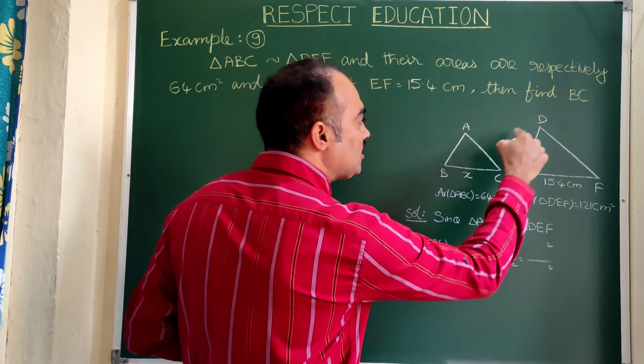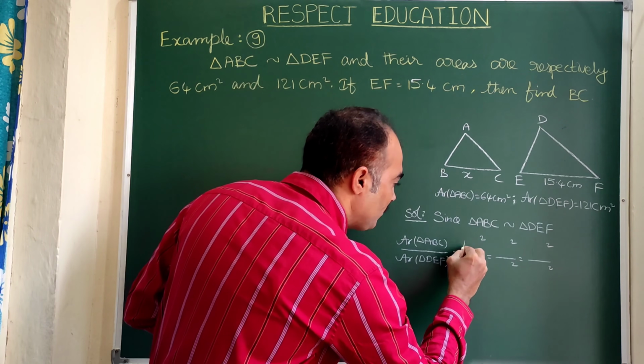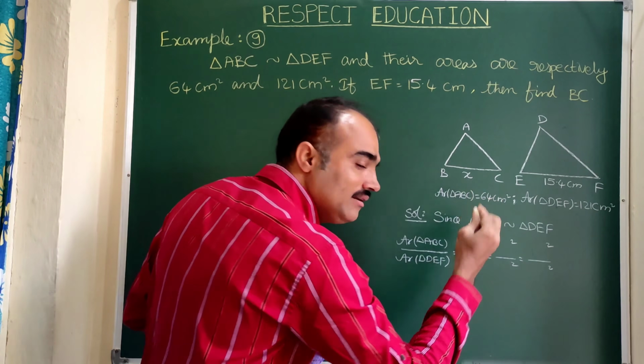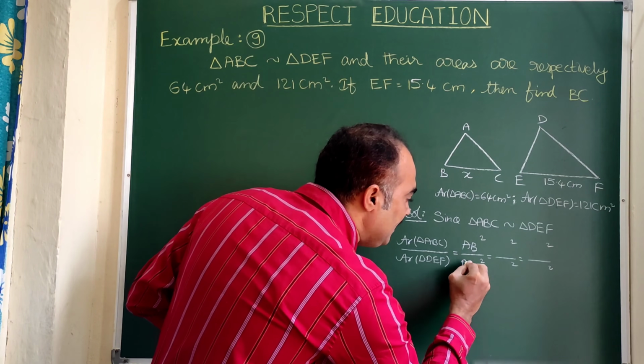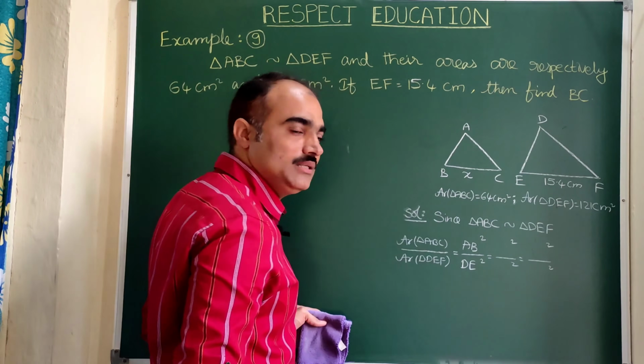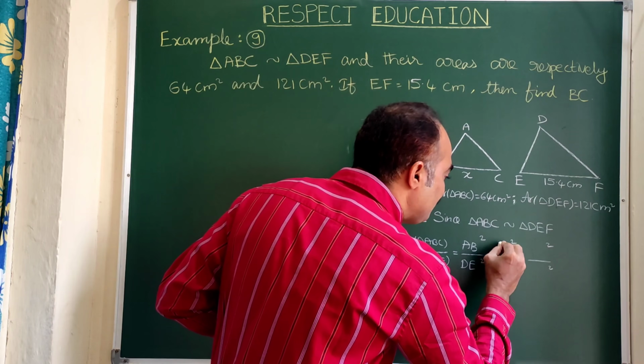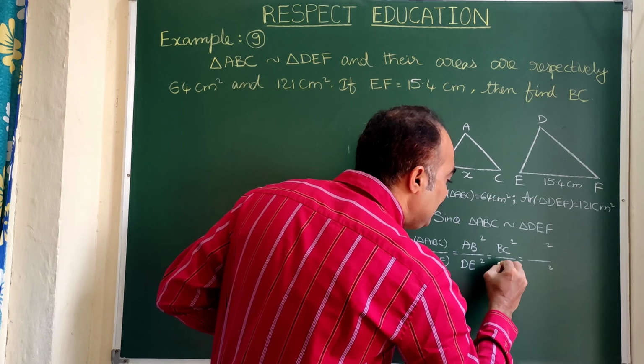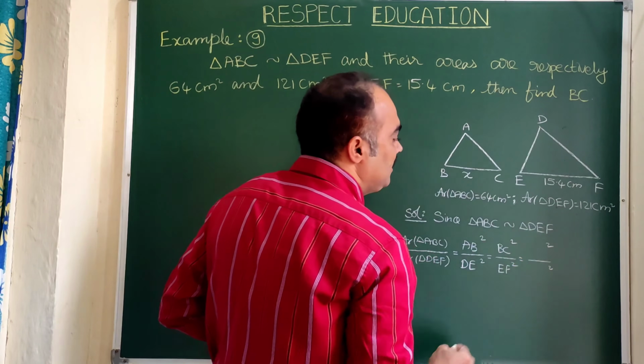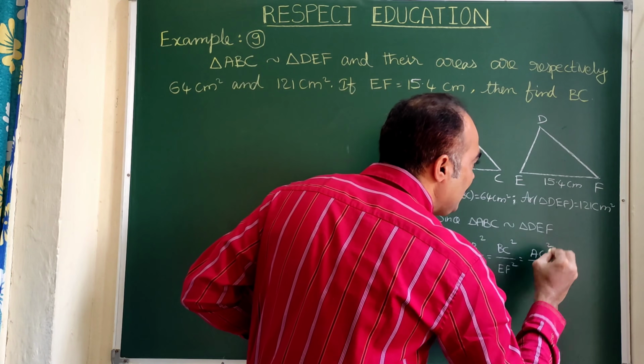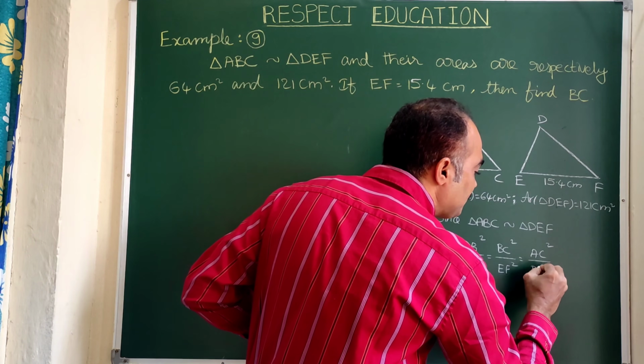For AB, the corresponding side is DE, so I am writing AB square by DE square. Similarly, BC square by EF square. Same way, AC square by DF square.